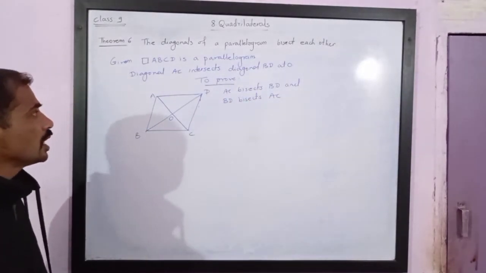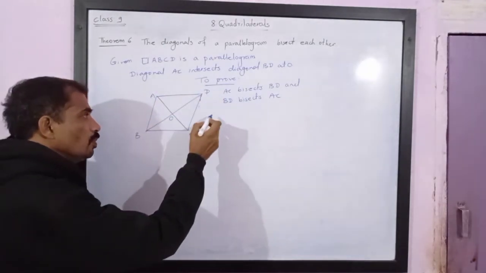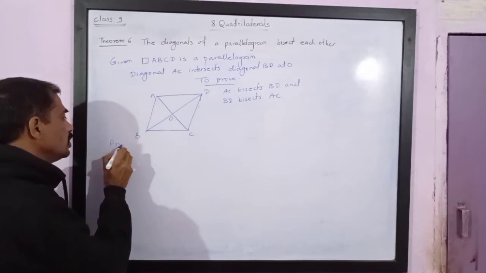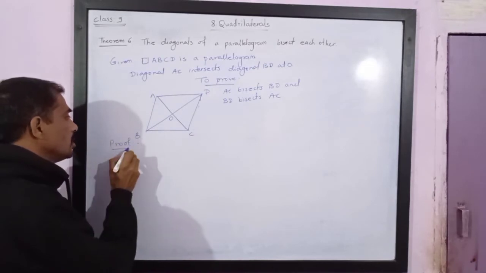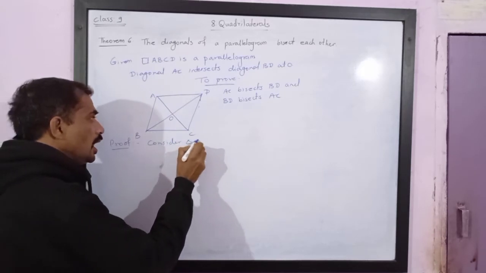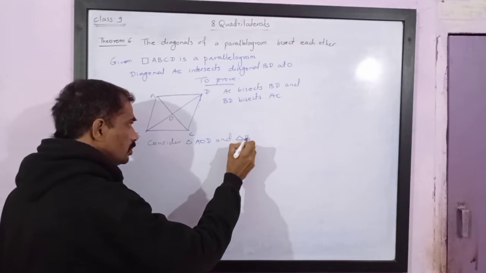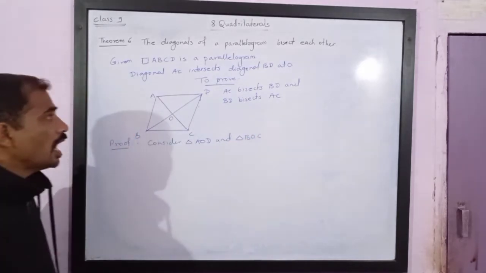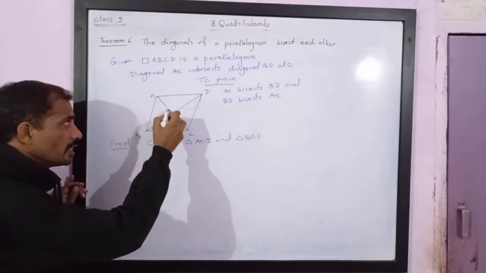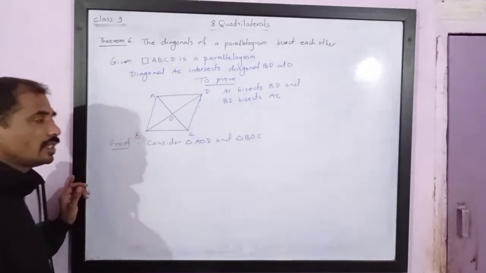Now for this, consider triangle AOD and BOC. To prove this, consider triangle AOD and triangle BOC. Watch carefully. I have considered this triangle AOD and triangle BOC, the downside triangle.